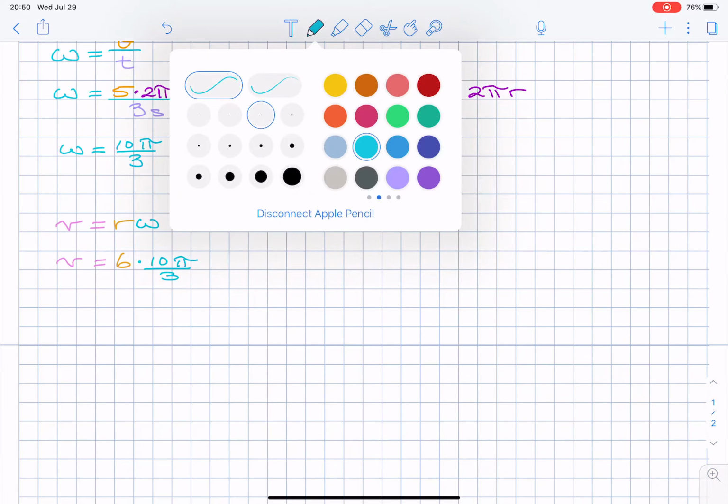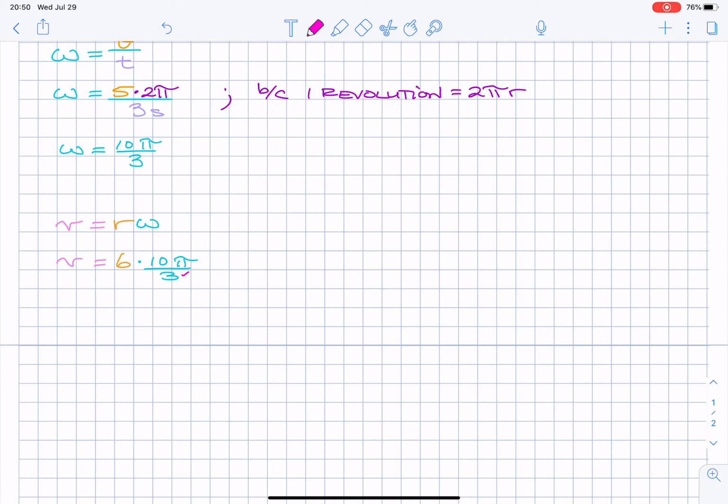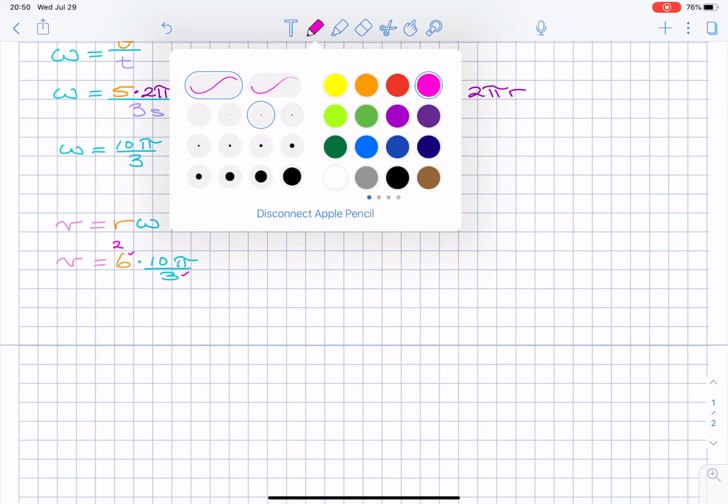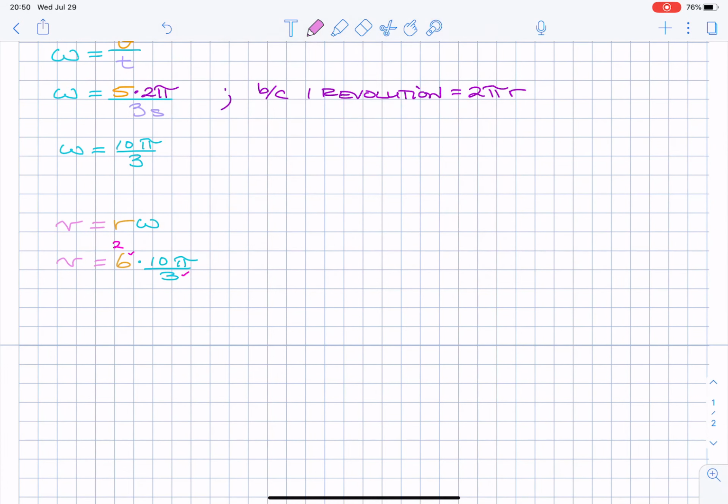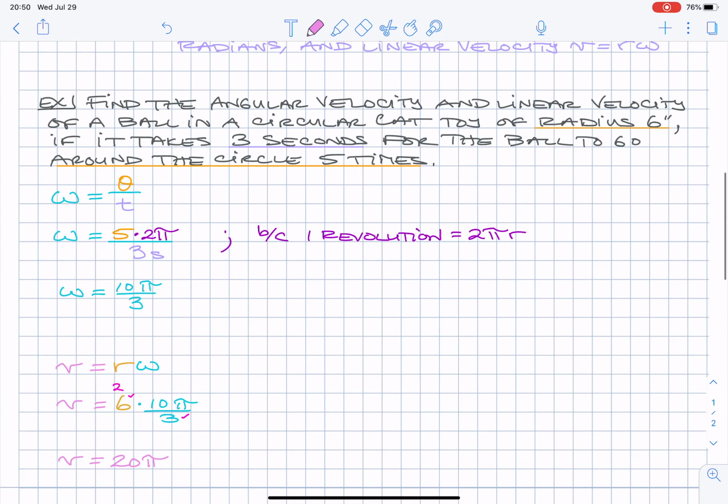Well, 3 goes into 6 twice. So I claim that the linear velocity, meaning miles per hour, will be 2 times 10 is 20 pi. And that's units per second. Okay, so that's how we relate angular and linear velocity.